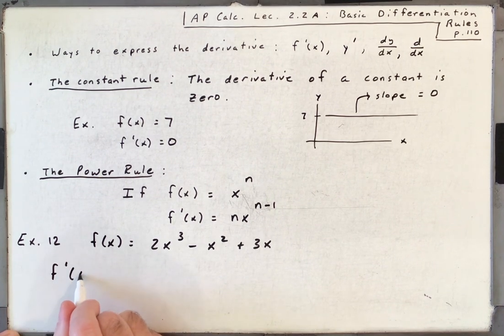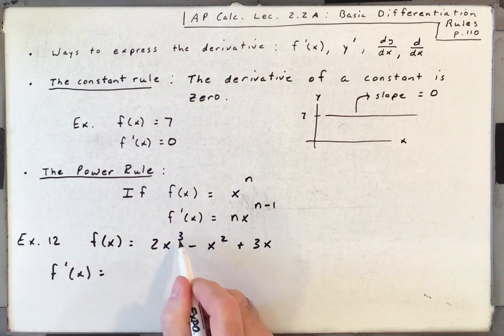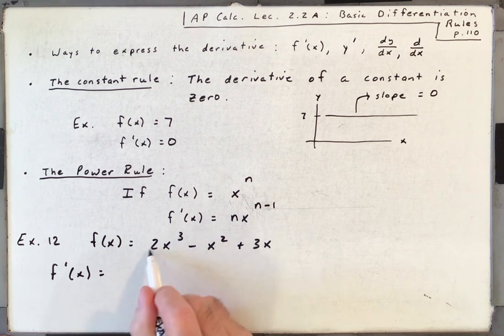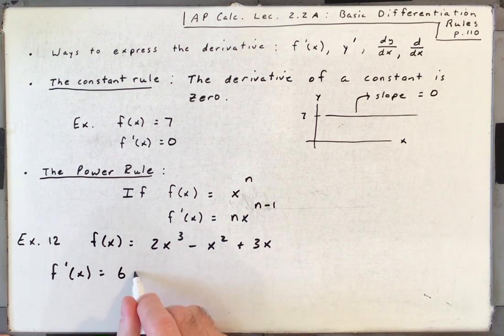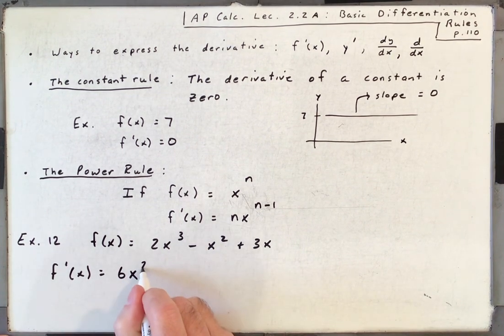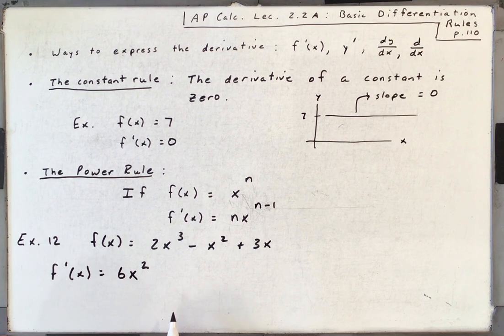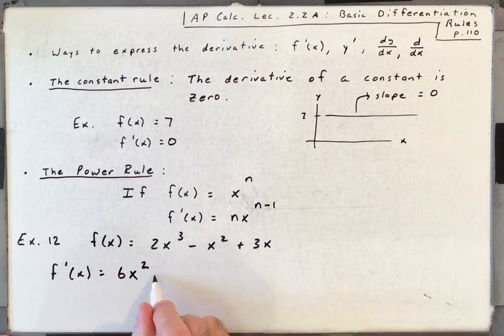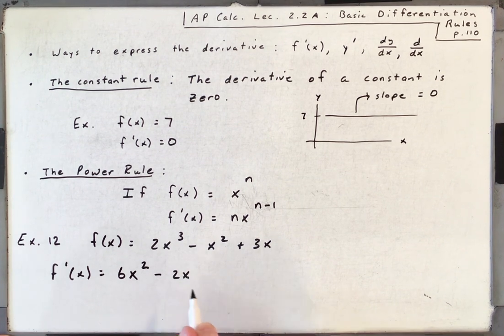So f prime of x, bring the 3 out front and multiply it by the 2. 3 times 2 is 6. Then there's x, and then subtract 1 from the exponent. That's 6x squared. All right, the middle term, bring the 2 out front, so minus 2x, and then subtract 1 from 2 is 1, so we don't have to write the 1, but that's what it is.